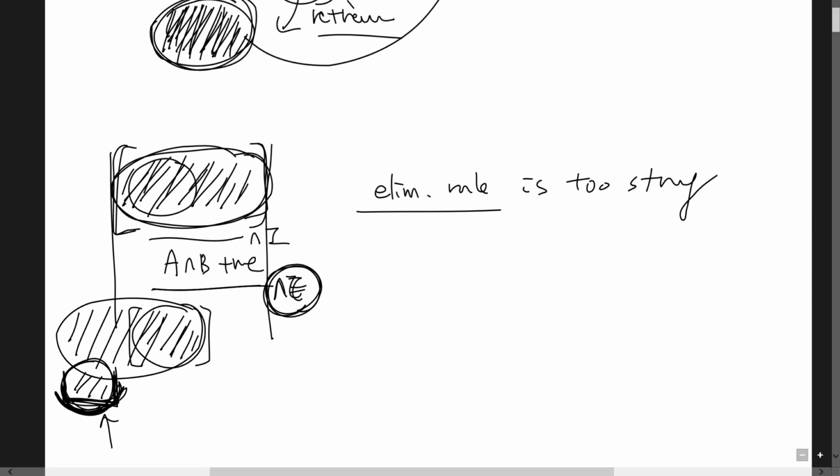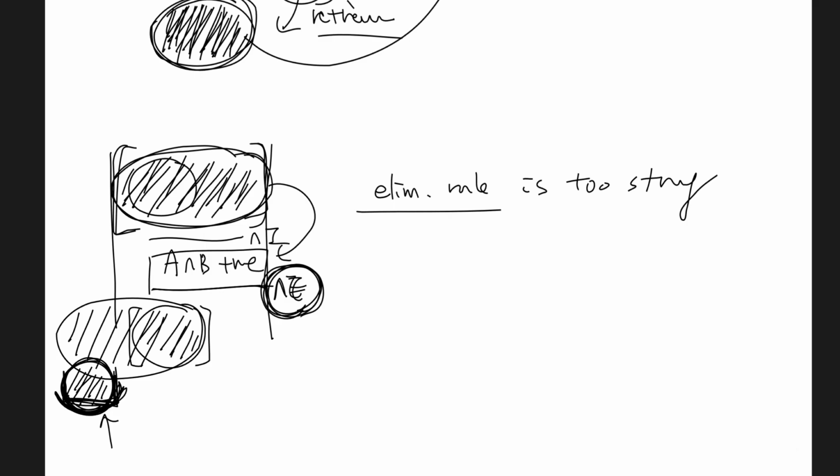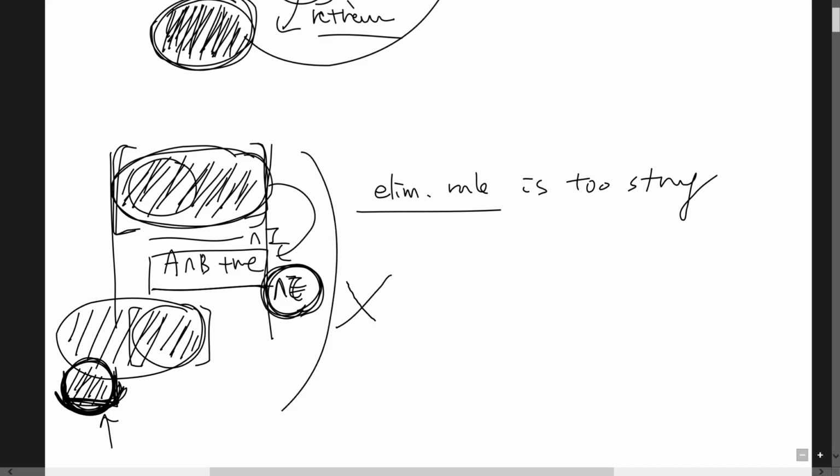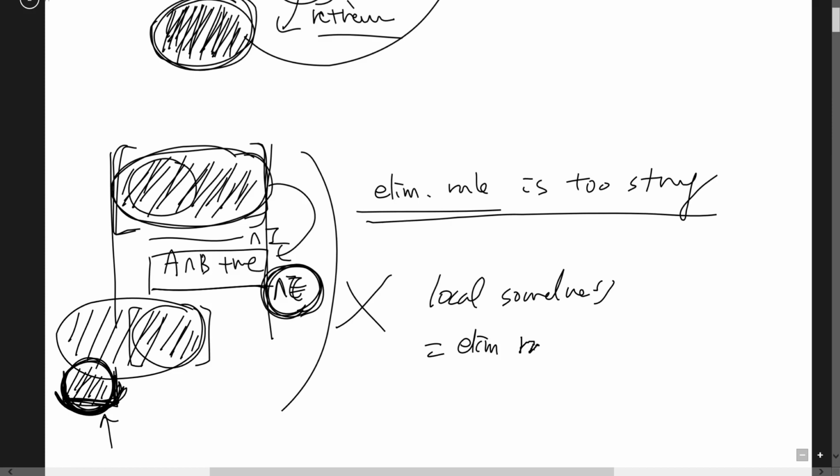So this knowledge has been compressed into this single truth judgment, and by applying this elimination rule, we can suddenly generate something new, some new knowledge, completely out of the blue. So this is not acceptable. So the local soundness property states that this does not happen, or that the elimination rule is not too strong.